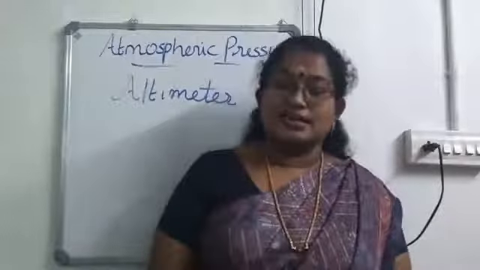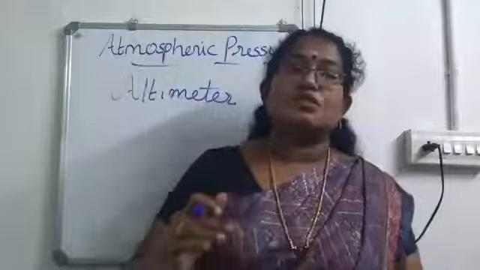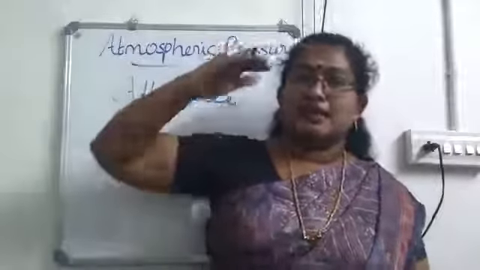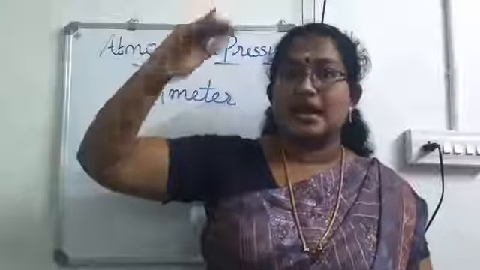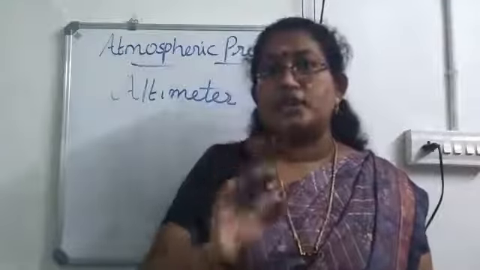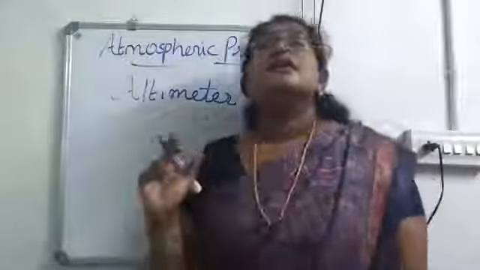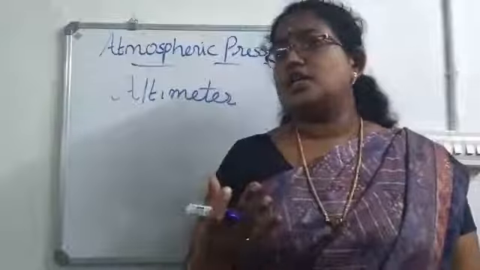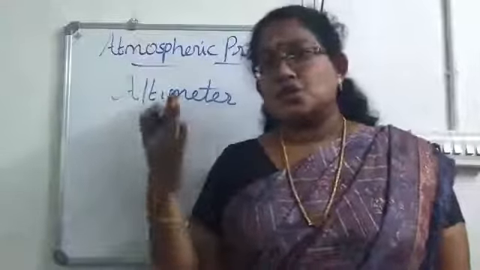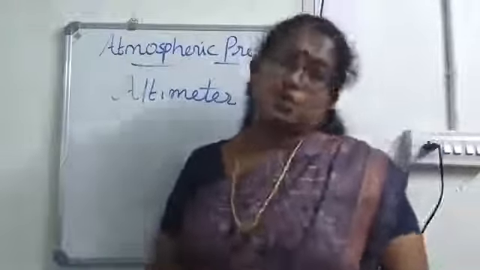Now the last one is a barometer can be used as an altimeter, because for every increase in height, there is a decrease in the atmospheric pressure. So keeping this, we can measure the altitude. Okay, so no need to go in deep about that. Just you should know what the uses are.